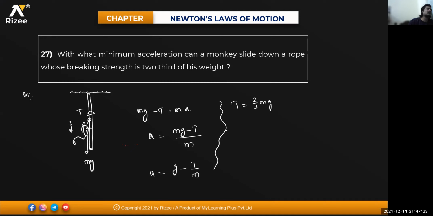So that means 2mg by 3. Acceleration will become g minus 2mg divided by 3m. m gets cancelled, so it is g minus 2g divided by 3. So g minus 2g by 3 is how much? Minimum acceleration, 1 by 3. So it is g by 3 meter per second square. Very good.